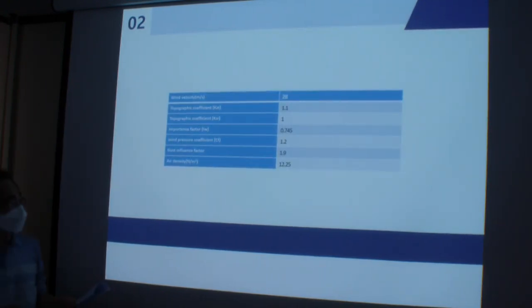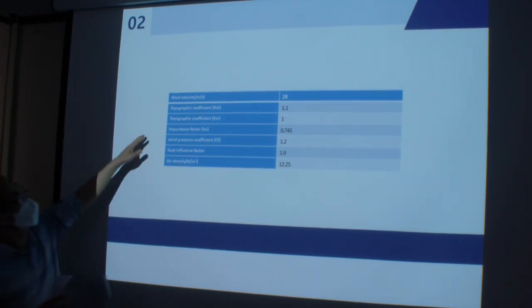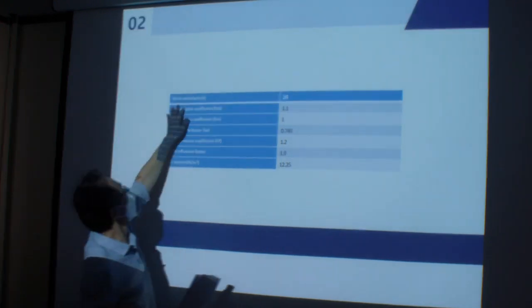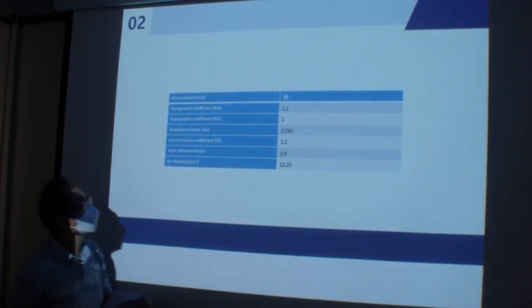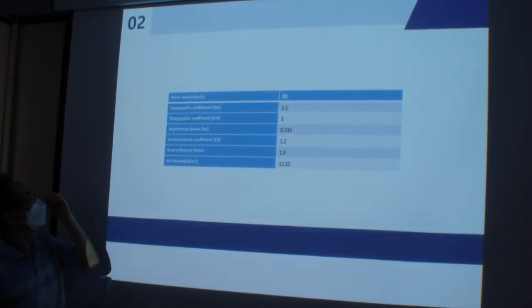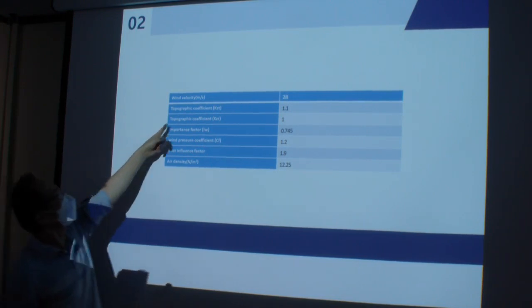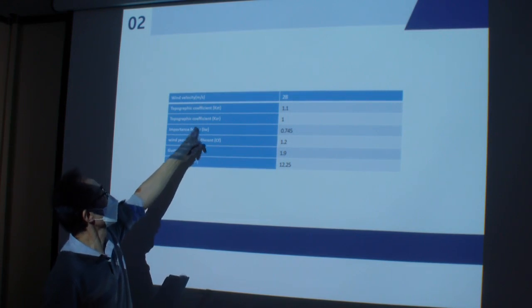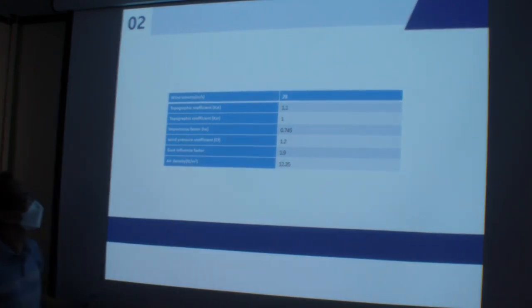And also there is wind velocity like this, and we apply these as the outer atmospheric conditions. For wind velocity we apply 28 meters per second, the topographic conditions are like 1.1, the topographic coefficient is 1, and the importance factor is 0.745.